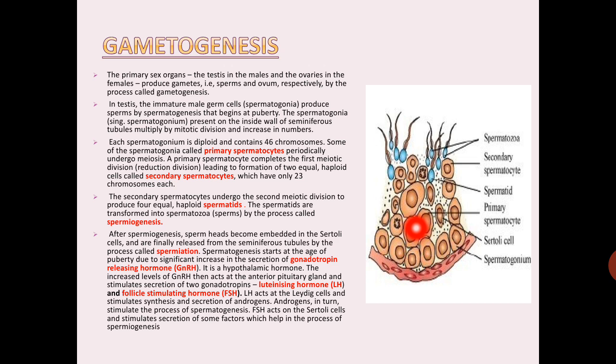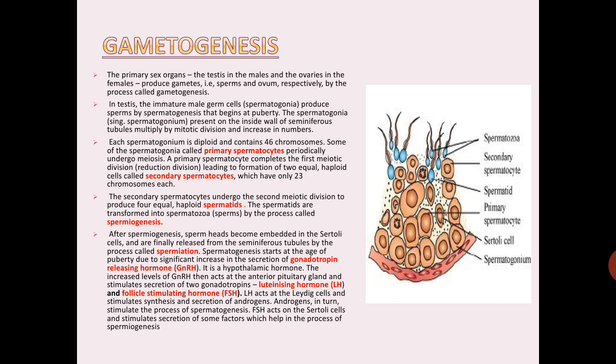A primary spermatocyte completes the first meiotic division, leading to the formation of two equal haploid cells called secondary spermatocytes, which have only 23 chromosomes each.